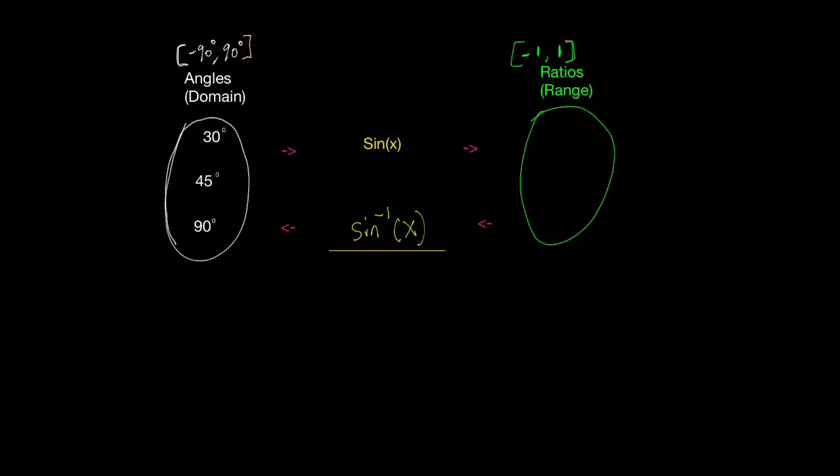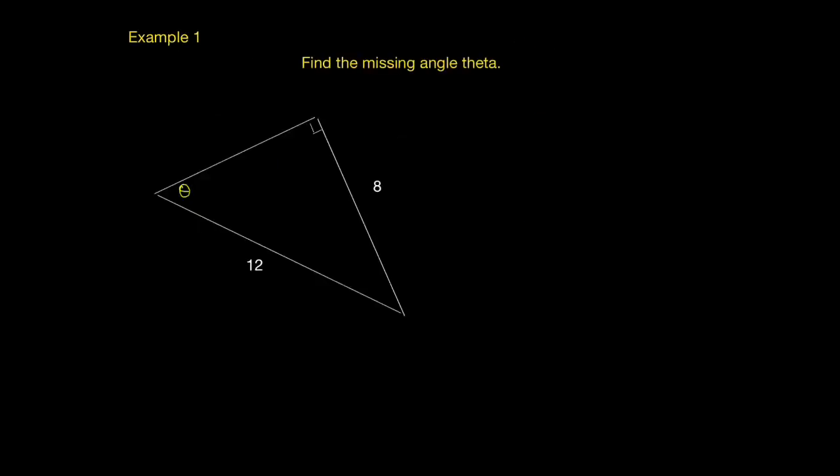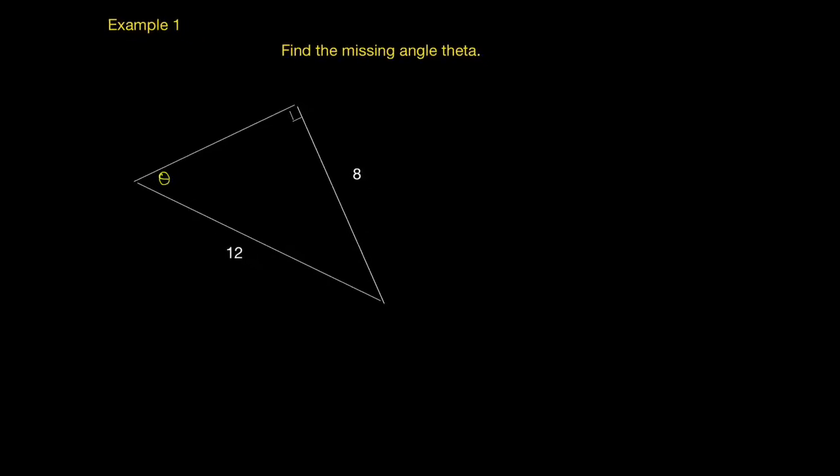So now let's take a look at some examples. Let's look at example 1. We have a triangle, and as you can see, this time we're trying to find the missing angle theta. In our previous examples, we were trying to find the lengths, so we can already see the difference. In order to solve this problem, I'm going to first label my triangle.